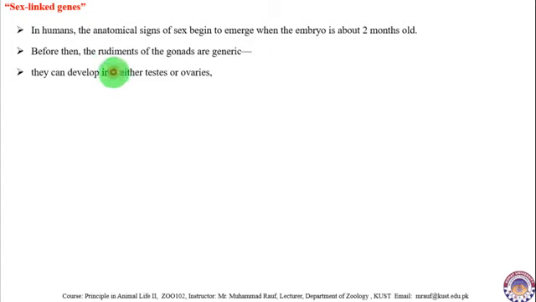These rudimentary gonads have the capability to develop either into testes or ovaries, but it is determined by the sex chromosome complement of the embryo.